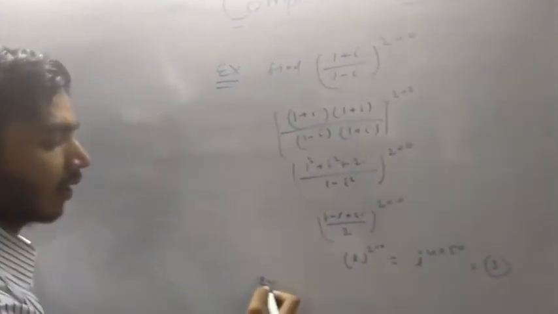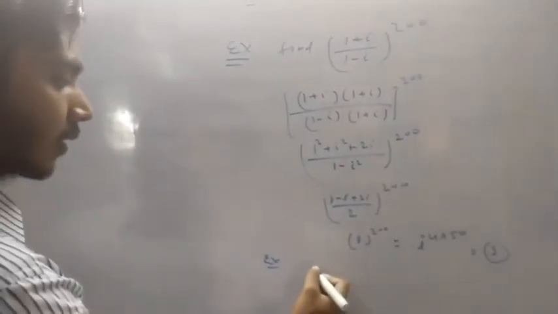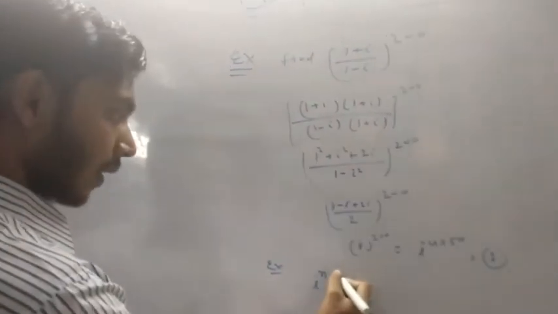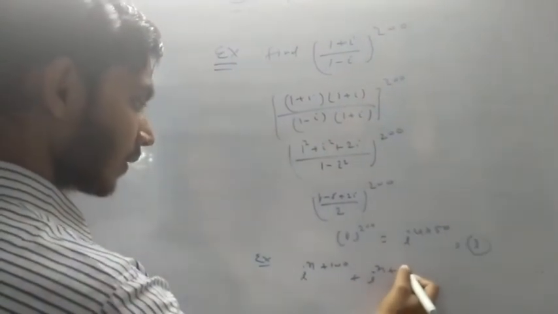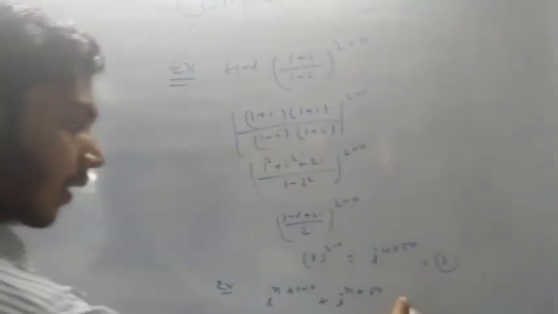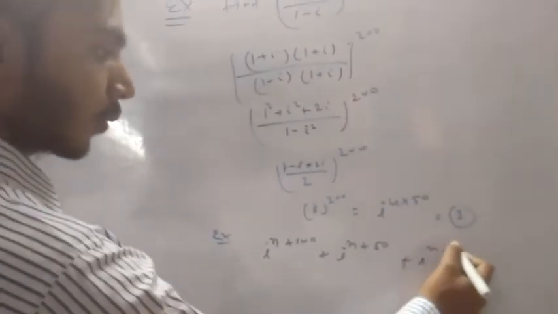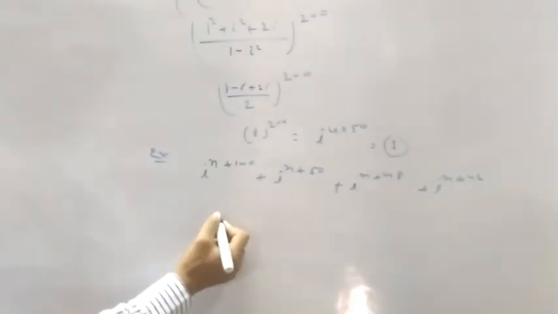Again, you can see another example: i^(n+100) + i^(n+50) + i^(n+48) + i^(n+46). You can take i to the power n common.